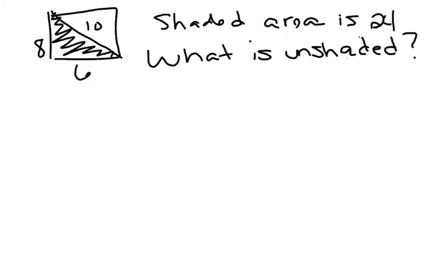Okay, so continuing on with this relationship, they said the shaded area is 24. So what is the unshaded region? Okay, the shaded region, or the triangle part right here, is 24. We know that the other half is the other triangle, and to get the area of the rectangle, we would just double it, so that also has to be 24.